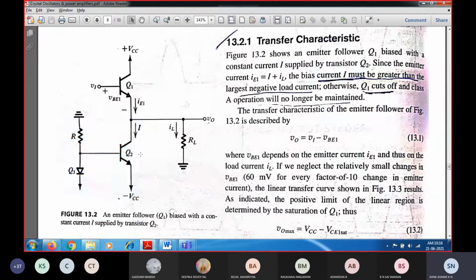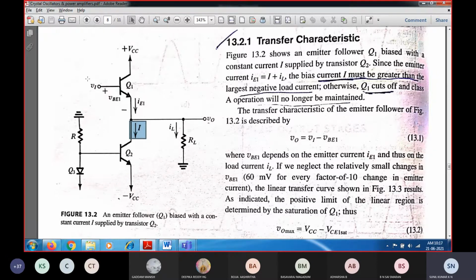The circuit below is transistor Q2, which is given a negative power supply. The base of this transistor is operated with a reverse bias, so a reverse base-to-emitter voltage is supplied from the negative power supply. Because of this, the current across transistor Q2 will be constant, current I will be flowing.